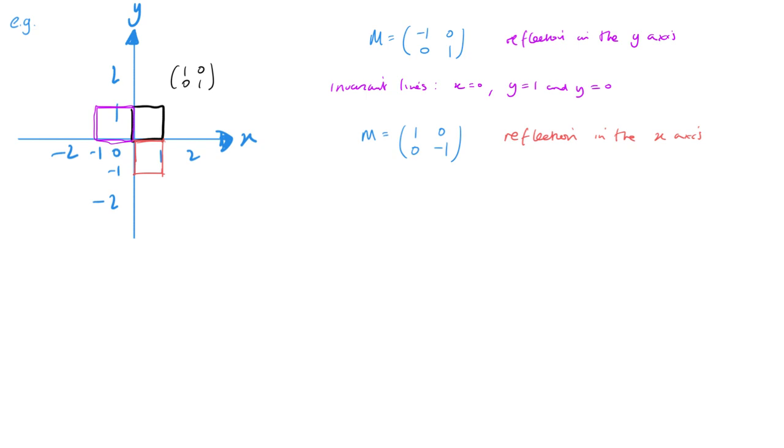Now, in fact, what we can say is y equals k can replace these two, because all these horizontal lines would stay the same.